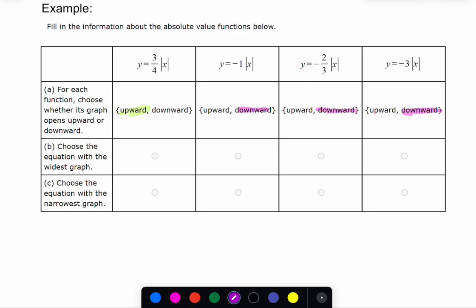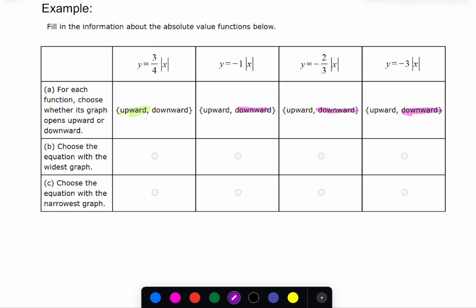Choose which equation has the widest graph. So remember how the 1 and the 3 in front made the V very skinny, very narrow. The higher the front value is above 1, the skinnier it will be. Any one that is between 0 and 1 is going to be the widest.